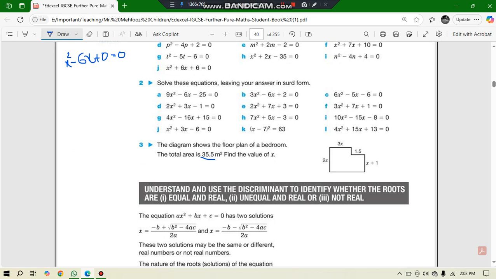So how can we find the value of x? That's simple. We just draw a line, and that line will be this one. You can see that if this is 1.5, this is also 1.5.